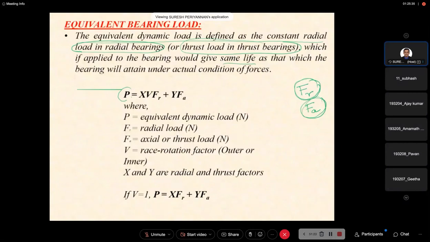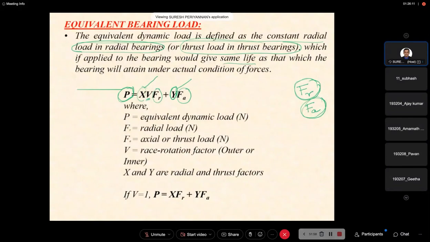This is our equivalent dynamic load. P is nothing but the equivalent dynamic load. Here X is our radial load factor, V is the race rotation factor, Fr is our radial load, Y is the axial load or thrust load factor, and Fa is the axial load.